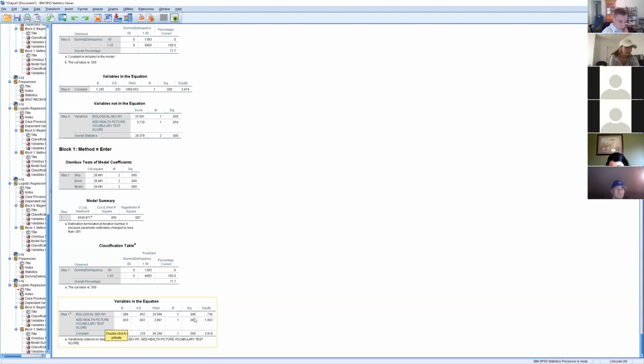Okay, and so we should not really be too concerned, at least based on this binary measure of delinquency, about the effect that the AdHealth picture vocabulary test has on it. So you're not finding a significant effect. So that is another example there for you.